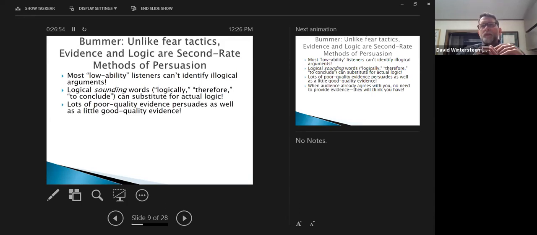Turns out that if you've got lots of junk evidence, that can be very persuasive. If the other side has less evidence, it's higher quality, that's discounted. So somehow just tons and tons of BS can be very persuasive for some people. So watch for that. Just because somebody's spouting a lot doesn't mean that they're right.